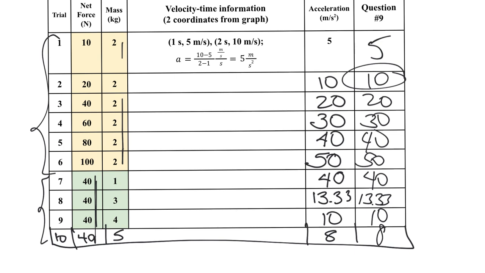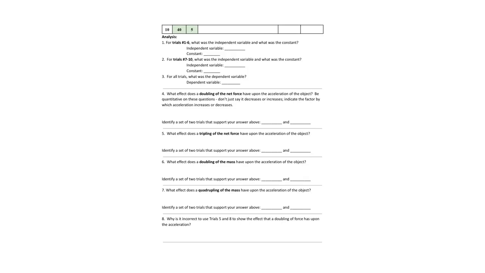Why? Well, the net force is double from 2 to 3, and these both had the same mass, so that's good. When we look at the double net force, we see that it went from 10 to 20, right? And 2 and 4 is 20 to 60, that's tripling, and it went from 10 to 30.